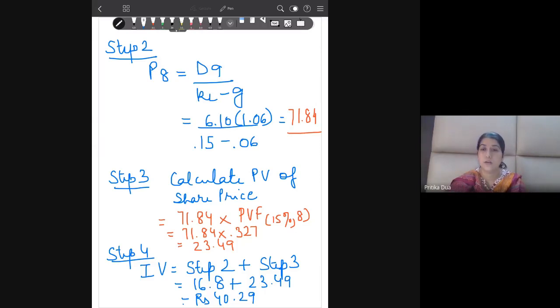Okay, yes. Is everyone getting this answer? The ones who are solving. Okay, so Rajkumar, in step 4 the equation will be step 1 plus step 2.